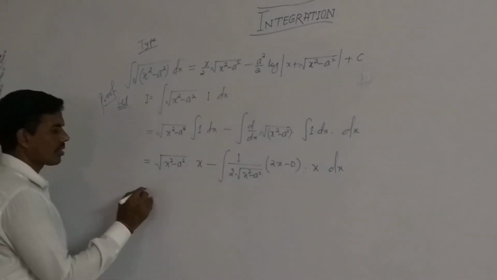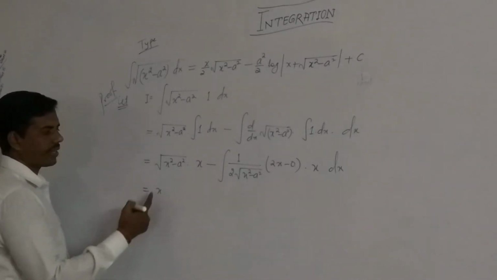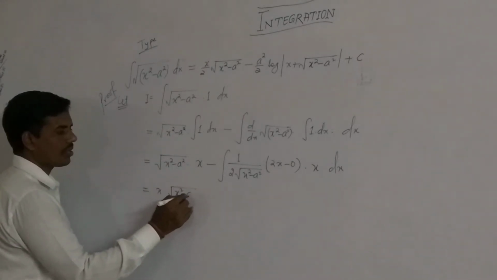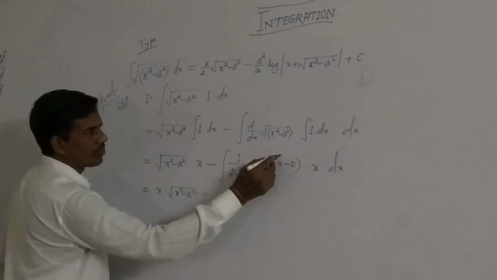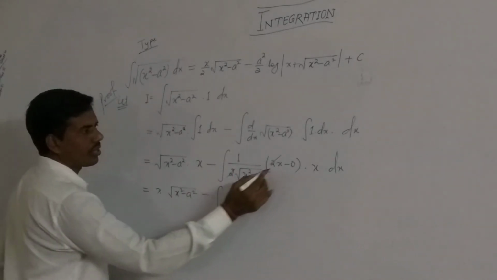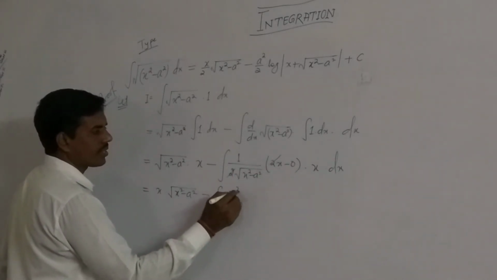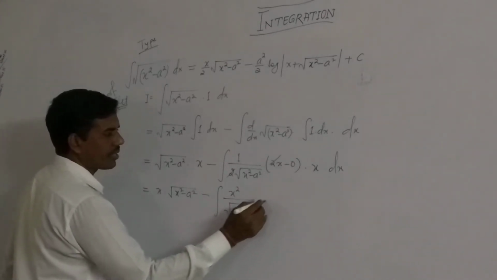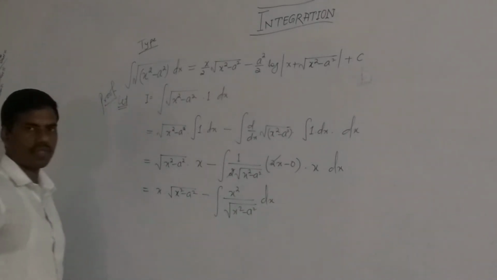Okay, this is equal to x, we can write x before under root of x square minus a square, minus, 2 and 2 get cancelled out, x into x, that is x square upon under root of x square minus a square dx.